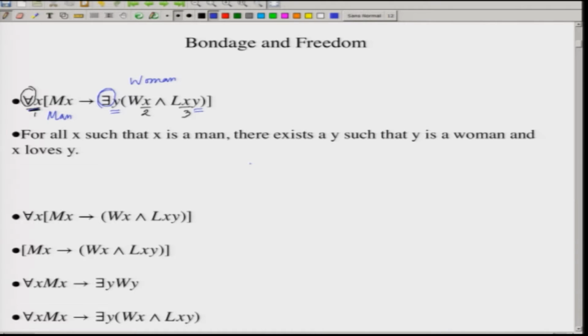So, the point is, for all x, if x is a man, then there exists some y, or at least one y, such that y is a woman and x loves y, which precisely means that every man loves some woman.